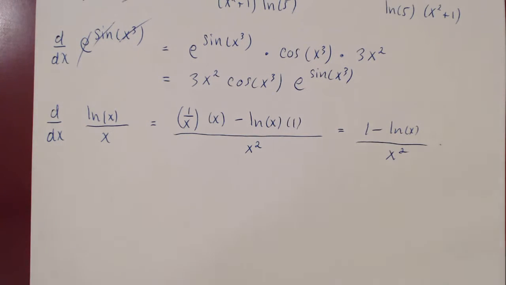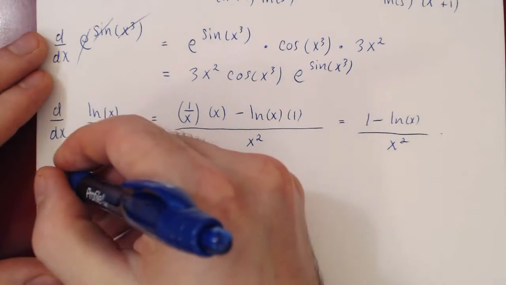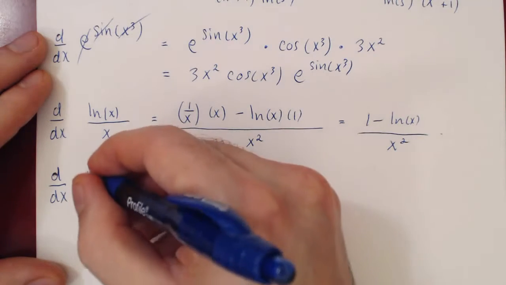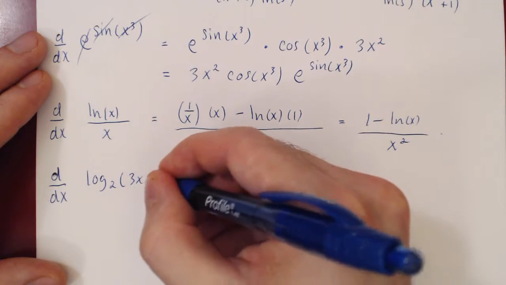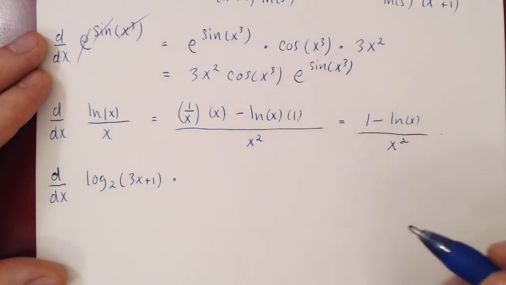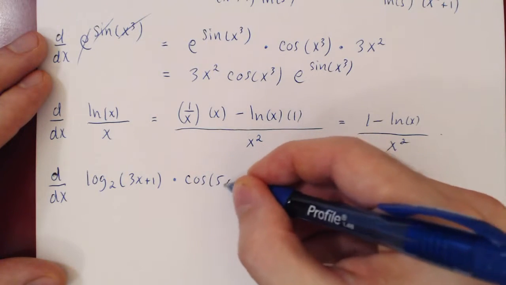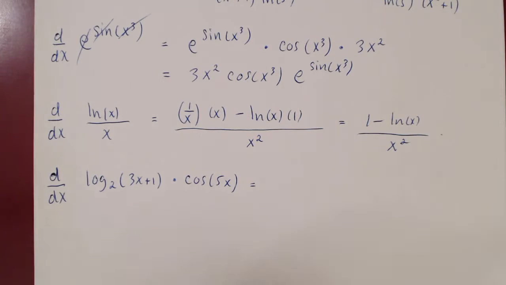What if we have a product rule involving, say, another logarithmic function? So what if we had the derivative of, say, log base 2 of 3x plus 1 times, say, cosine of 5x? Well, we have a product, so we have to use the product rule.